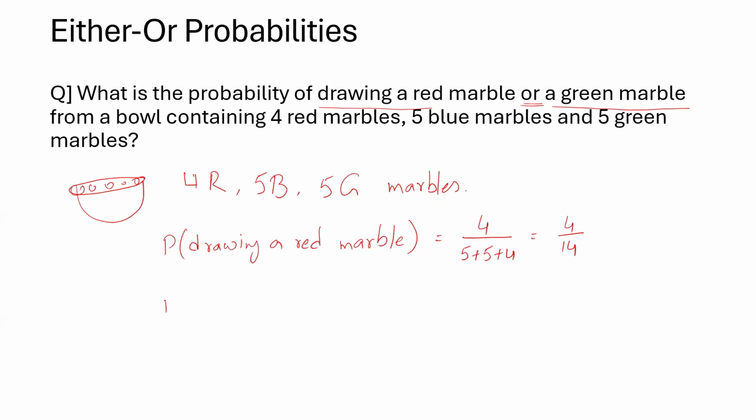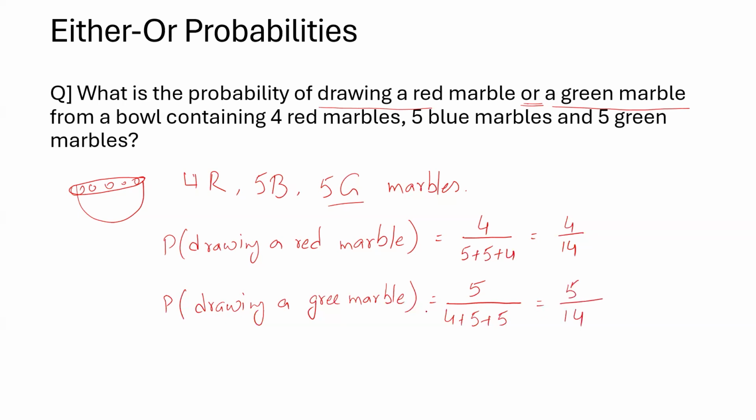Now, next you have to calculate the probability of drawing a green marble, right? How many green marbles are there? You have 5 green marbles. So 5. How many total marbles do you have? You have 4 plus 5 plus 5, that means 14. So 5 upon 14.